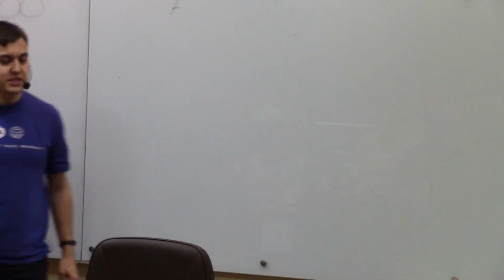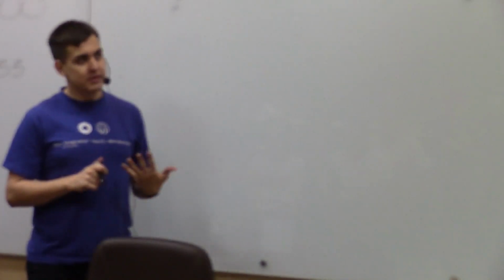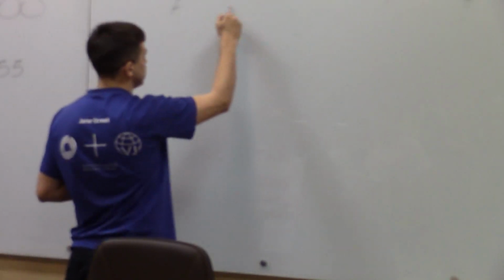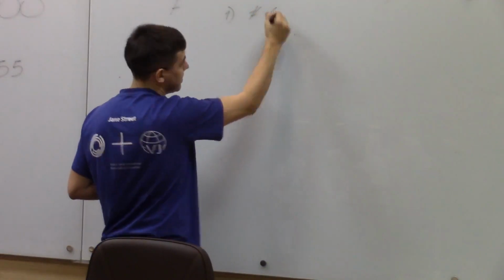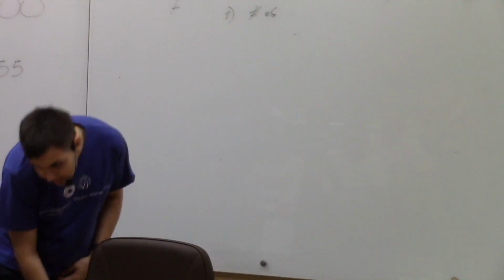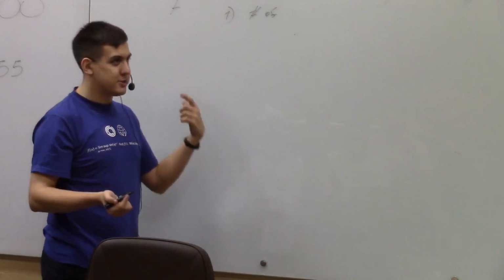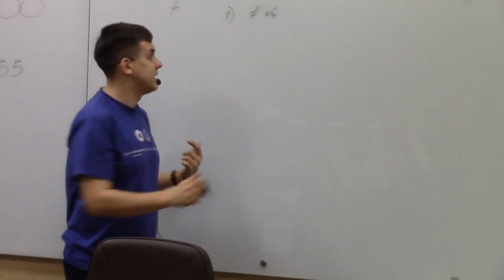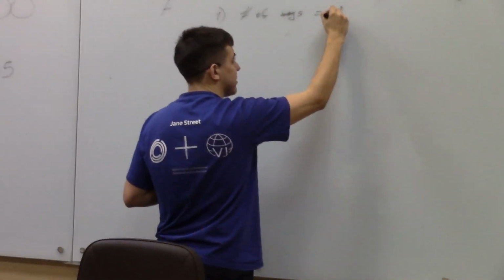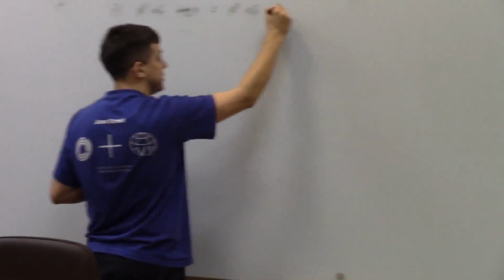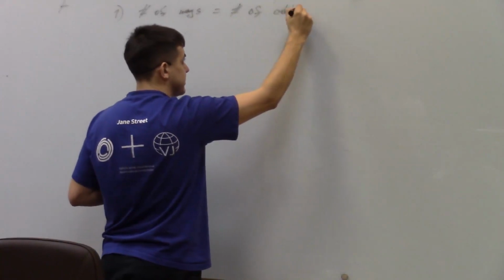Problem F. Problem F was about sums, and there were 2 parts in this problem. The first part was to realize that the number of ways to represent a number as a beautiful sum is the same as the number of odd divisors.